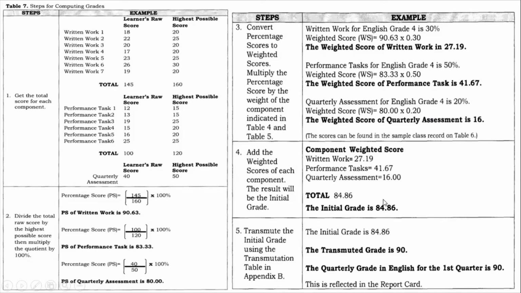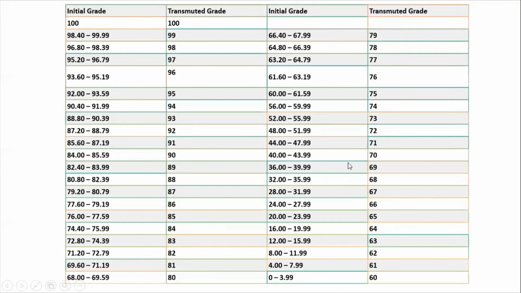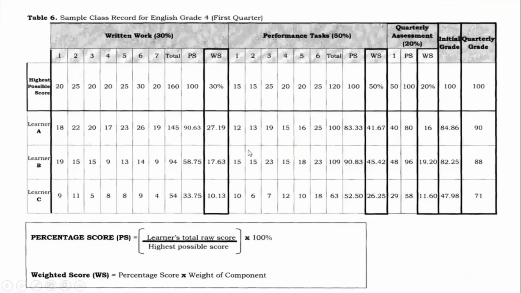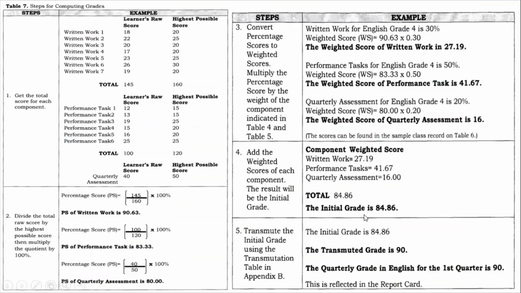But we need to look into the transmutation table to see what is meant by 84.86. If you look into the transmutation table, where is 84.86 here? That is 90 here. So with that, the grade in English in the first quarter of the student is 90.